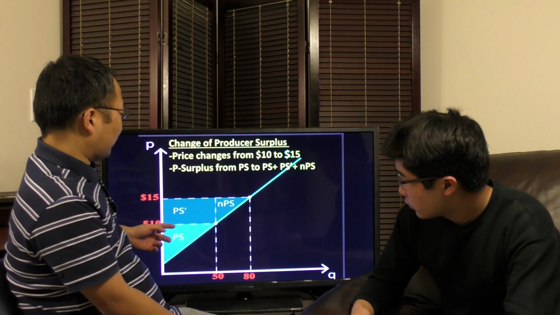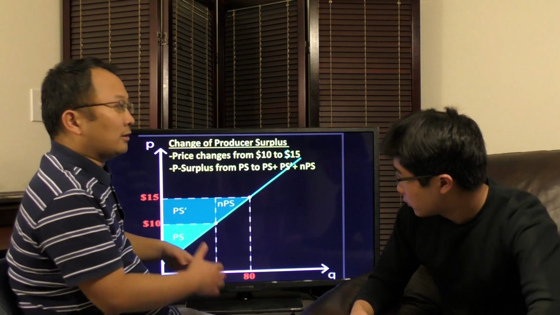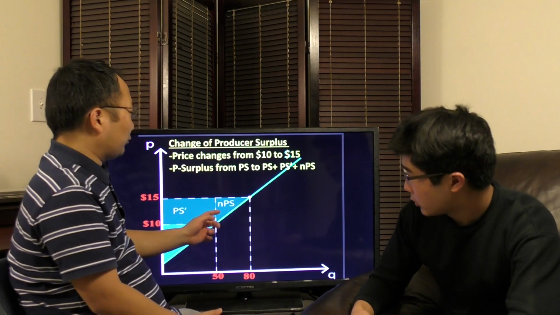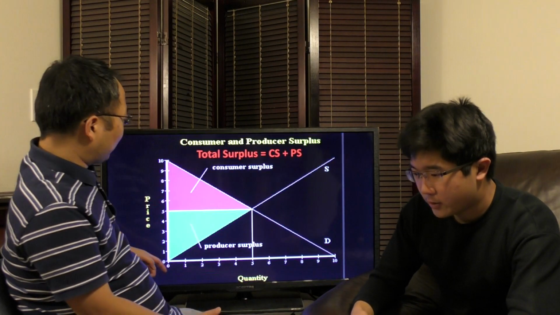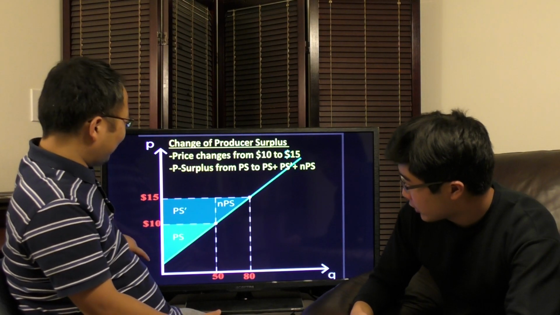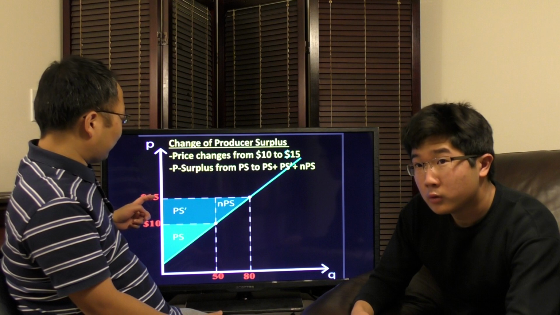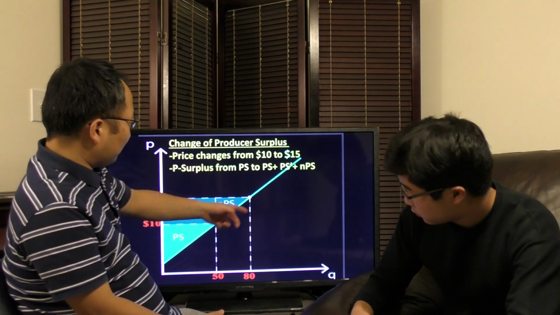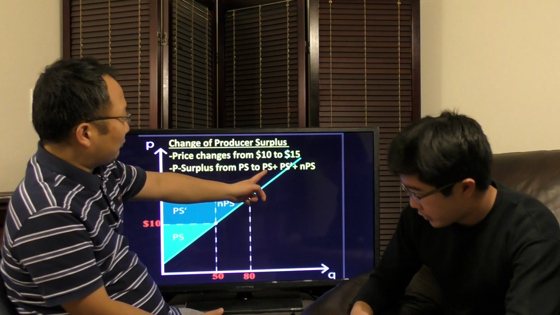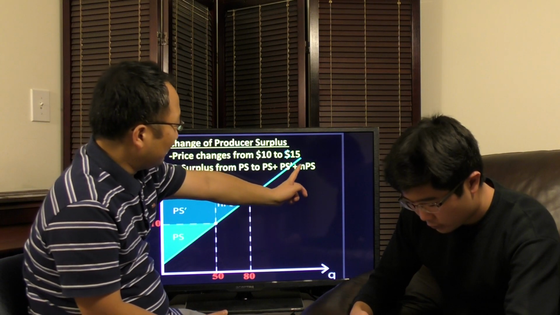And so the price goes to 15. Less efficient producers join the market, so we have a new producer surplus. Originally it's this triangle. Now if the price increases from 10 to 15, then we have this big triangle for the new producer surplus: PS plus PSB plus NPS.